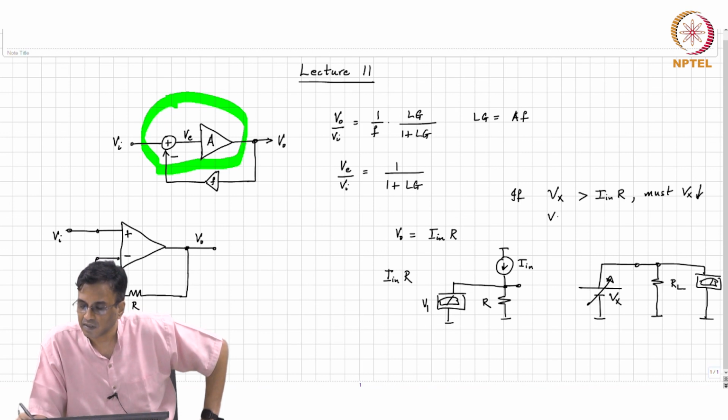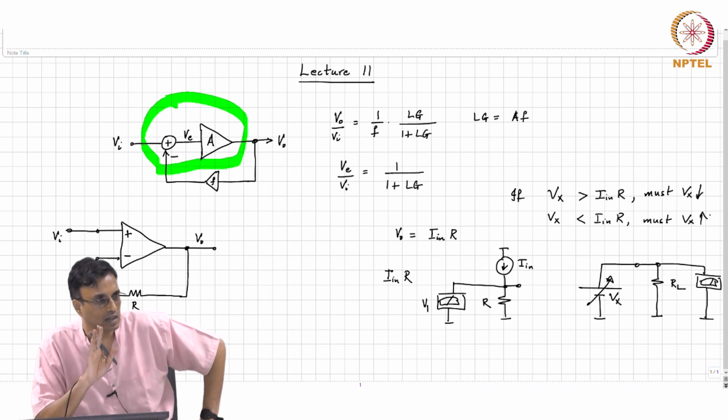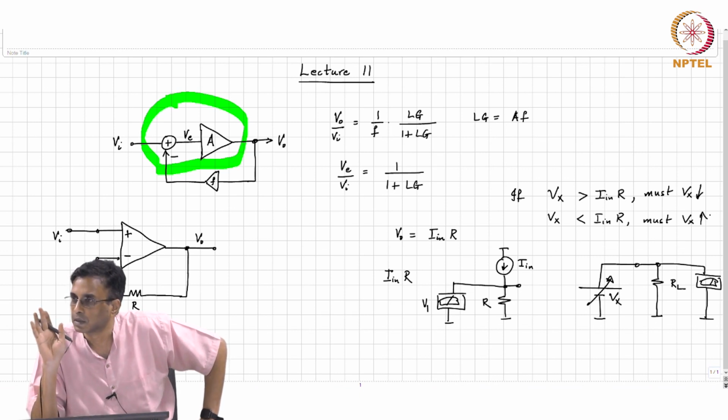If Vx is less than I in times R, you must increase Vx, all right. And how will you increase Vx? You basically turn the knob. This much you understand, right? Clear? Okay. Is this basic idea clear, people?